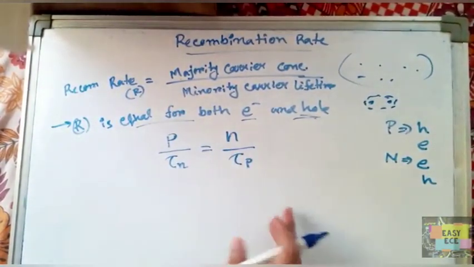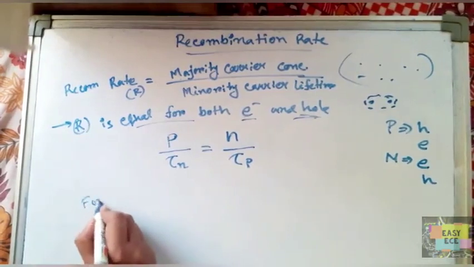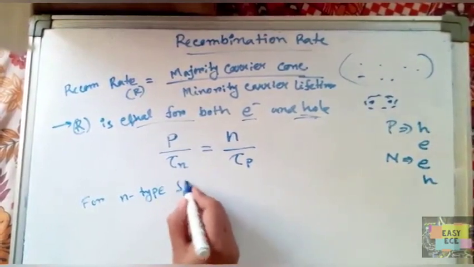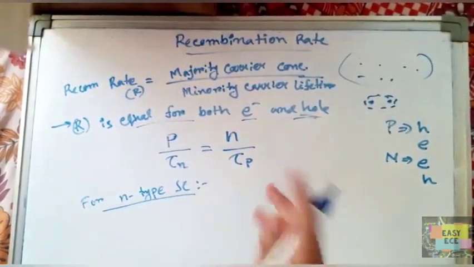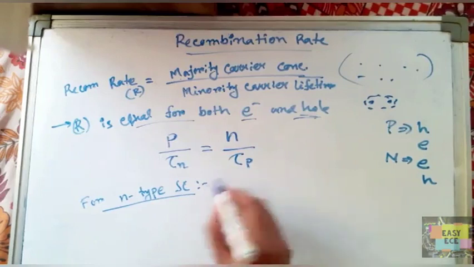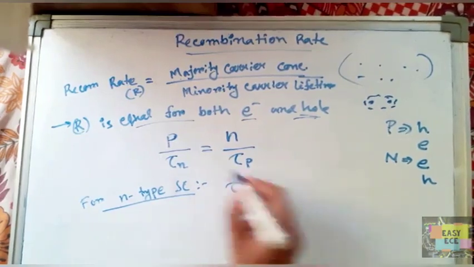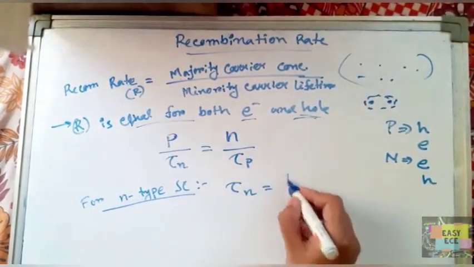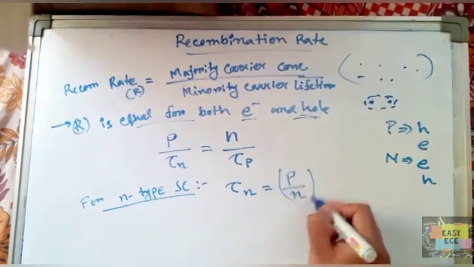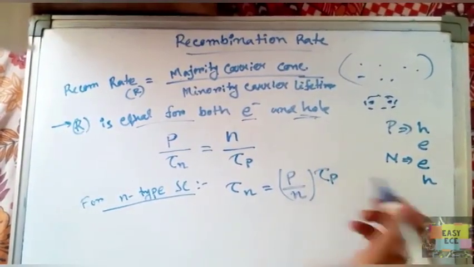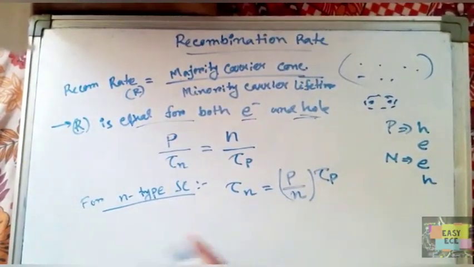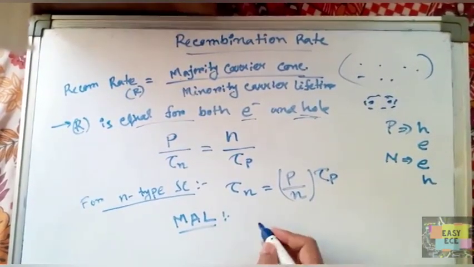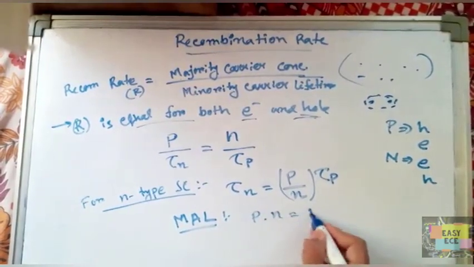So for an n-type semiconductor, what is the value of tau n? Tau n becomes p by n multiplied by tau p. As we know from the mass action law, what is the mass action law? p into n equals Ni square.